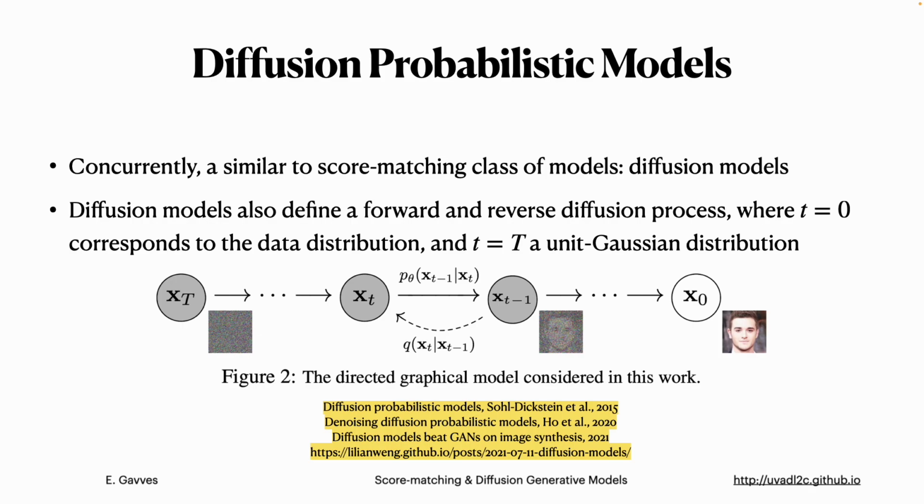The basic idea is we want to match the two. For every time step, we want our conditional distribution going from t to t minus 1, so from our noise to our observations, to be equal to the opposite.